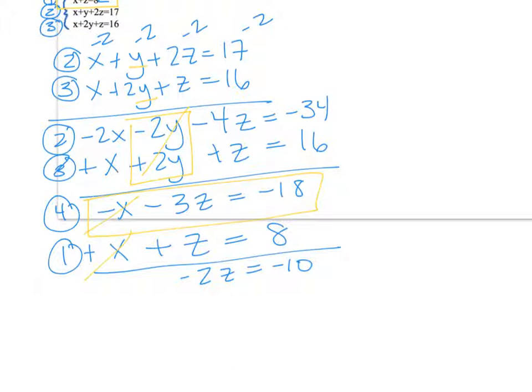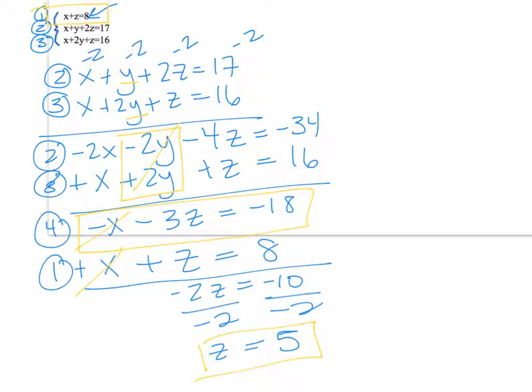And then I can just divide both sides by negative 2. That's going to leave me with z is equal to positive 5, because negative 10 divided by negative 2 is positive 5. Now that I've solved for one of my variables, z equals 5, I'm going to put that back into equation 1 and solve for x.